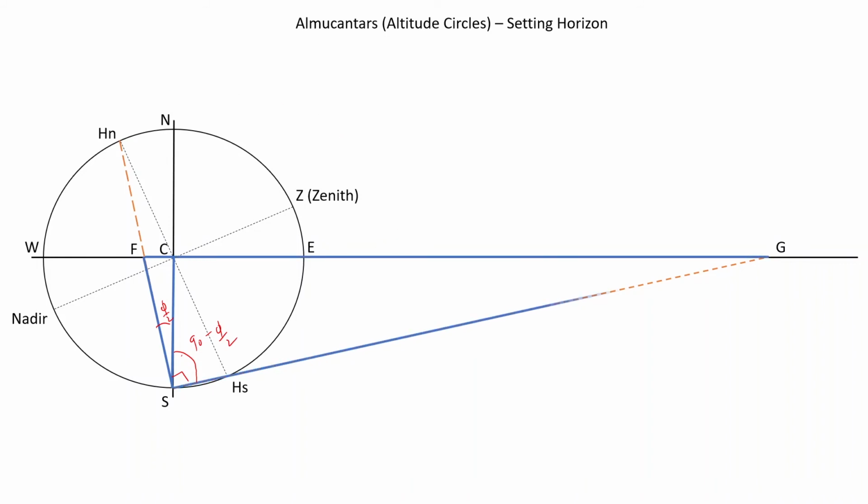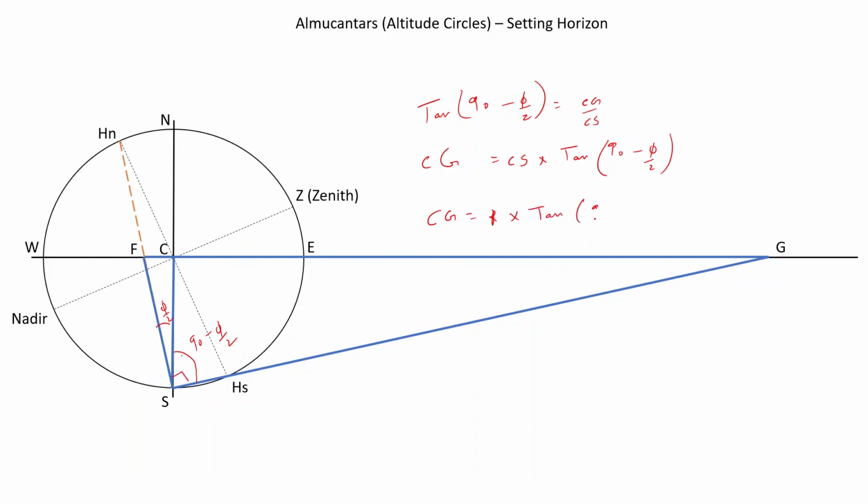Now in right angle triangle SCG, tan of 90 minus phi by 2 is equal to CG upon CS. CG, which is the part of the diameter of the horizon circle towards the south, is equal to CS, which is the radius r of the equator, times tan of 90 minus phi by 2.